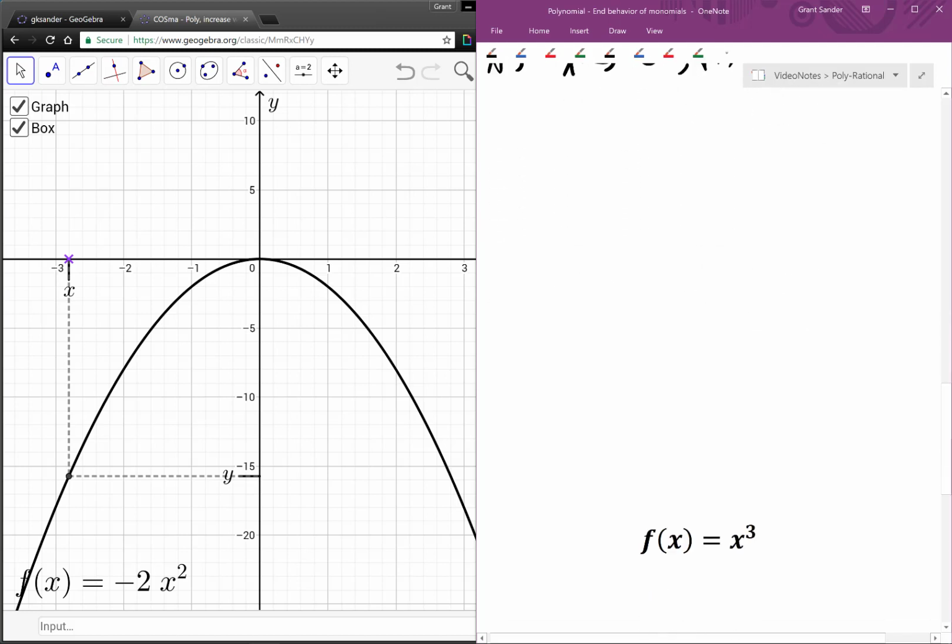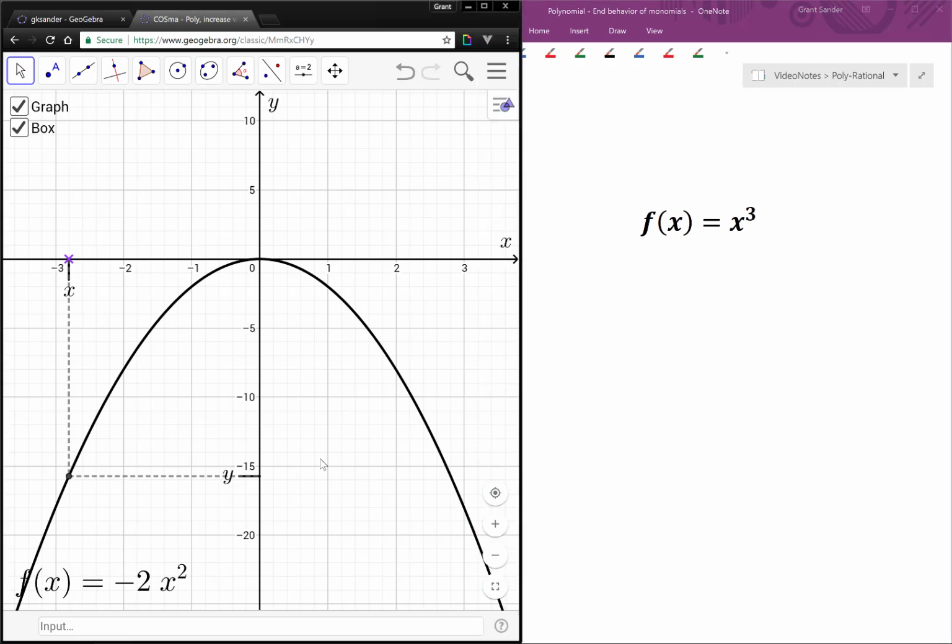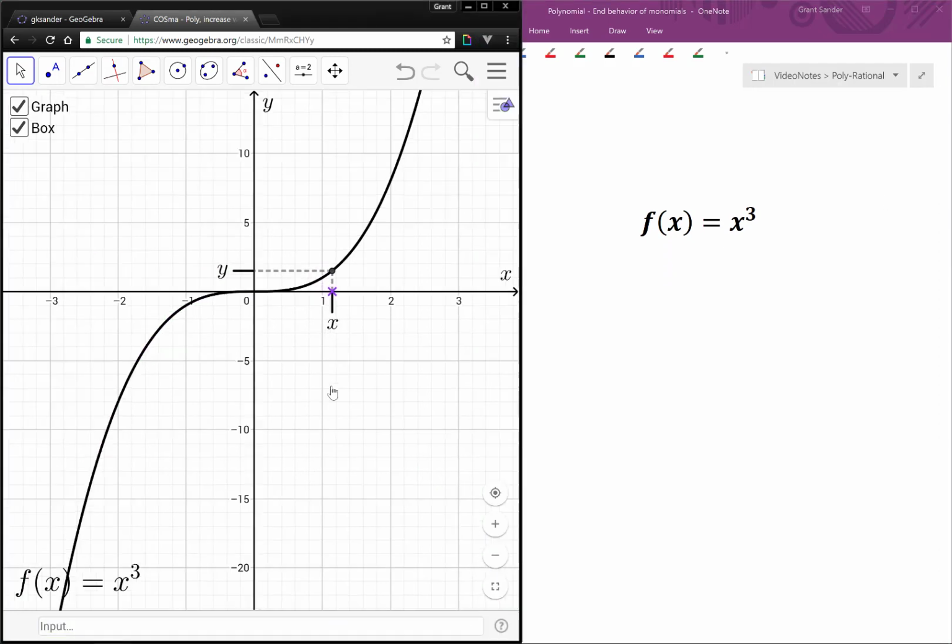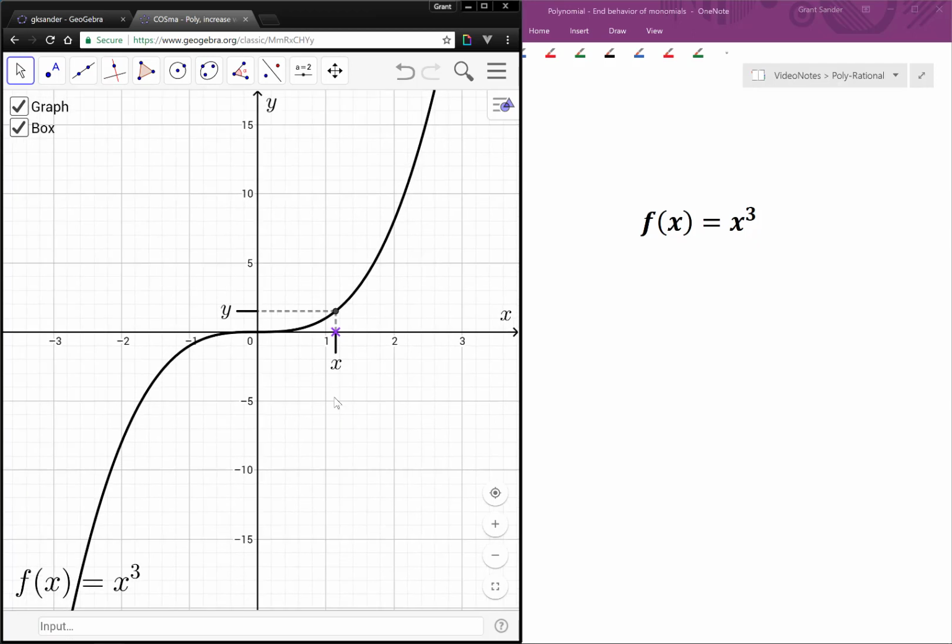Let's look at one more example. So let's look at f of x equals x cubed. We can look at the graph of this thing. And the graph looks something like this. When x is greater than 0, f of x is greater than 0. When x is less than 0, f of x is less than 0. So we switch sign at x equals 0. And as x increases without bound, f of x is going to increase without bound.